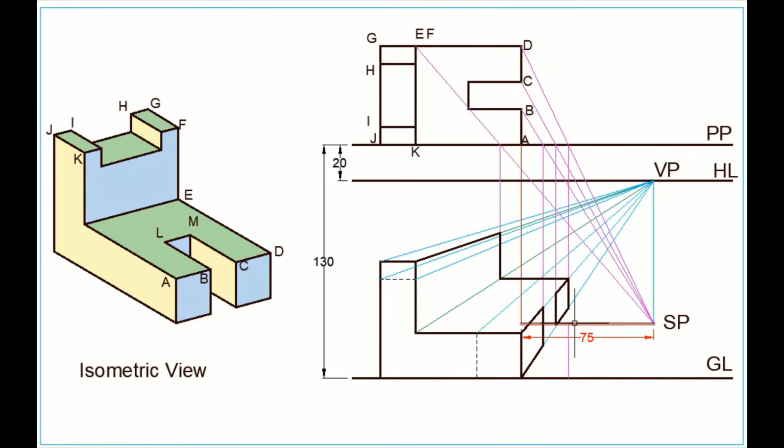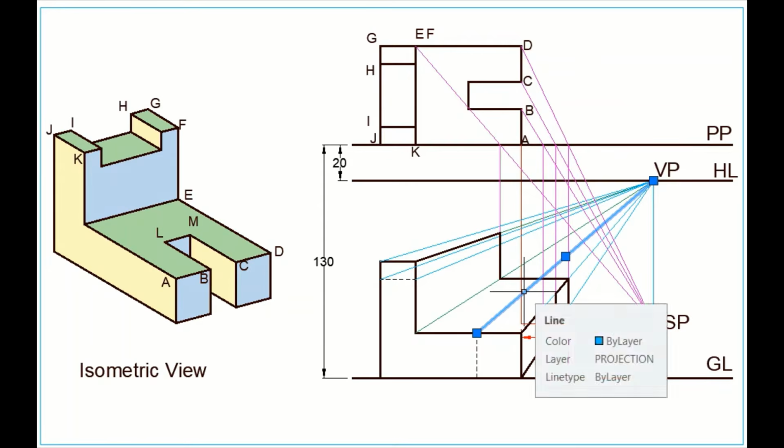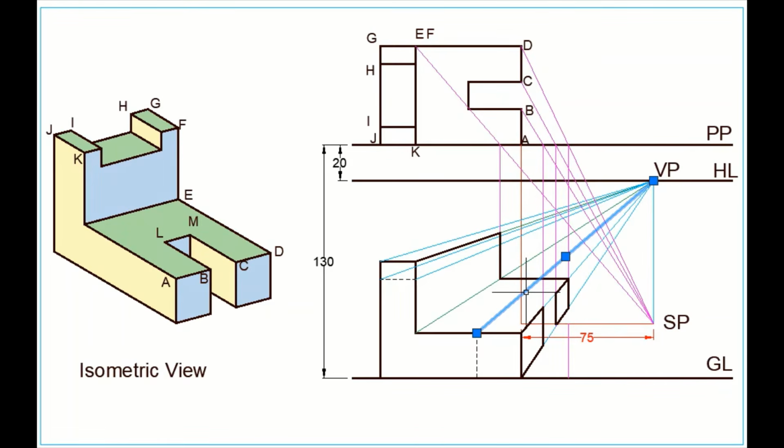So I have got point B here, I have got point C here, and L and M should lie on this edge. So L and M can be obtained by making a horizontal line from B up to this edge. So this will be point L. Similarly, this is point C. I go from this point horizontally and I get a point M on this line.